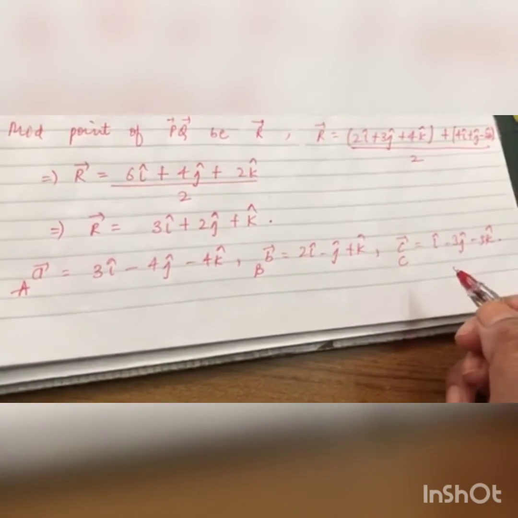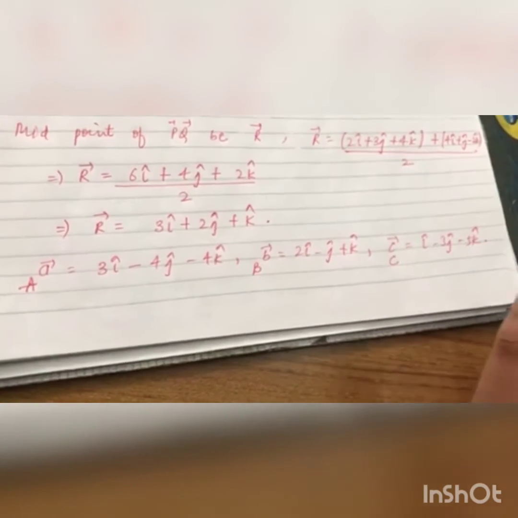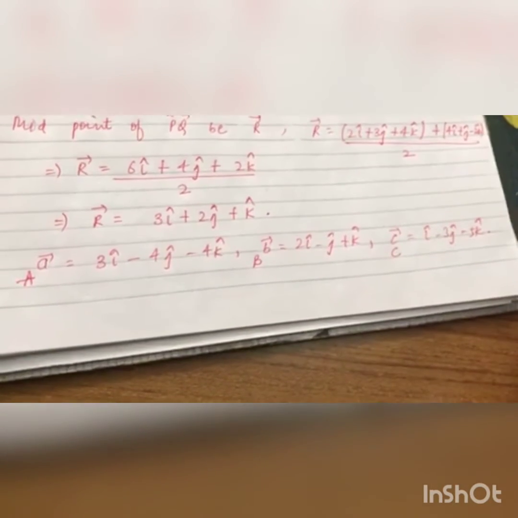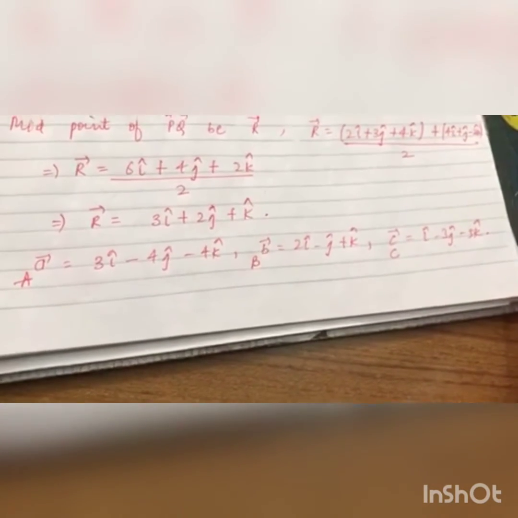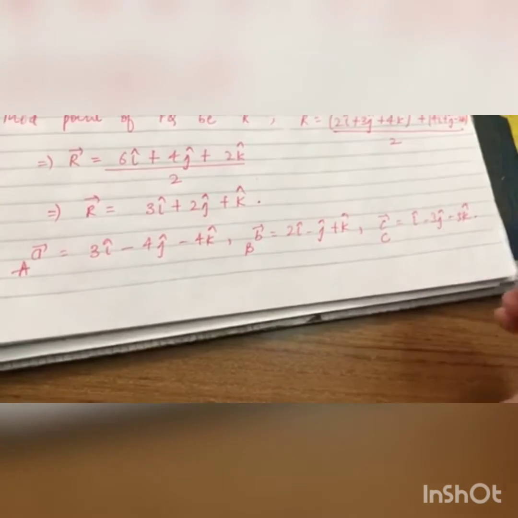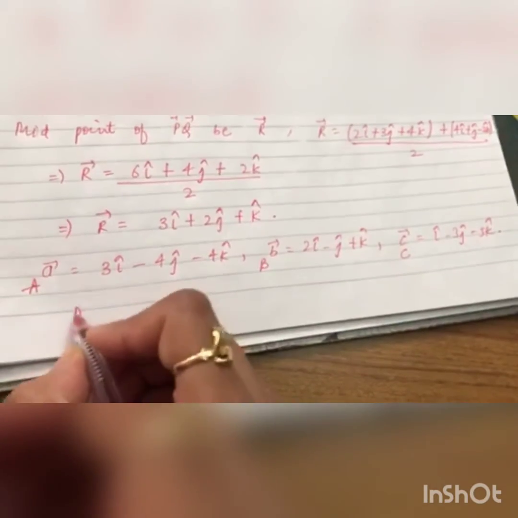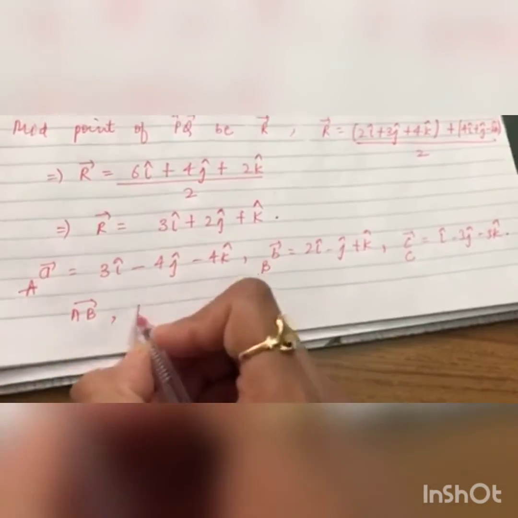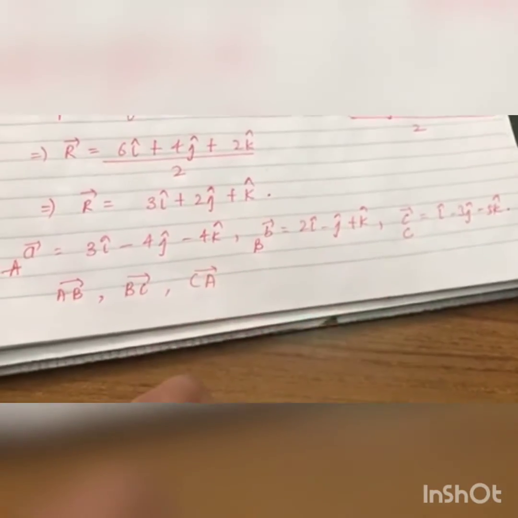So as I have told you earlier when I explained the basic concepts of chapter number 10, if you are to prove that any triangle is a right angle triangle, its biggest property is to prove that Pythagoras theorem is valid. And in order to prove Pythagoras theorem, you need to find the distances of three sides. So first of all, you have to find AB vector, then BC vector, then CA vector.